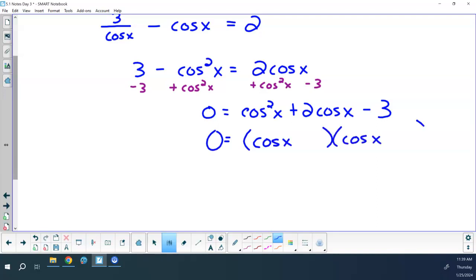Two numbers that multiply together to be negative 3 and add to be positive 2. Then I can say, is cosine ever equal to negative 3?